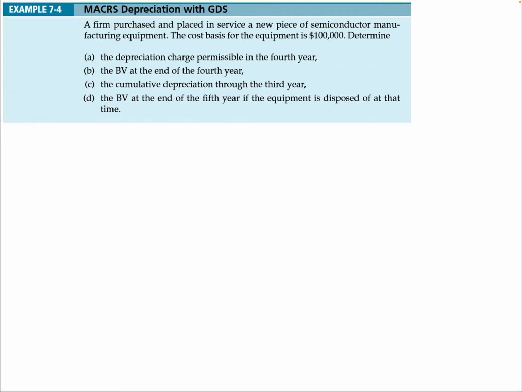A firm purchased and placed in service a new piece of semiconductor manufacturing equipment. So this is the type of asset you're looking at. The cost basis for the equipment is 100,000.